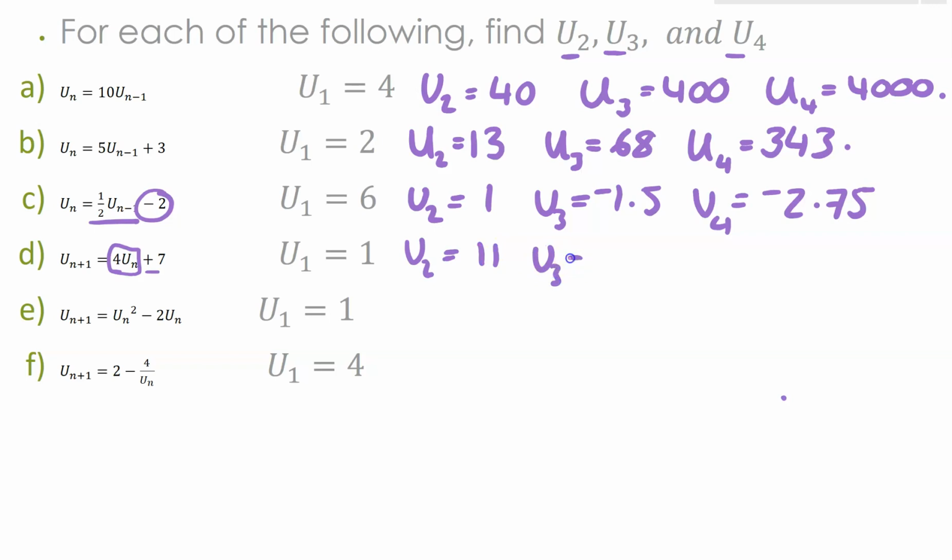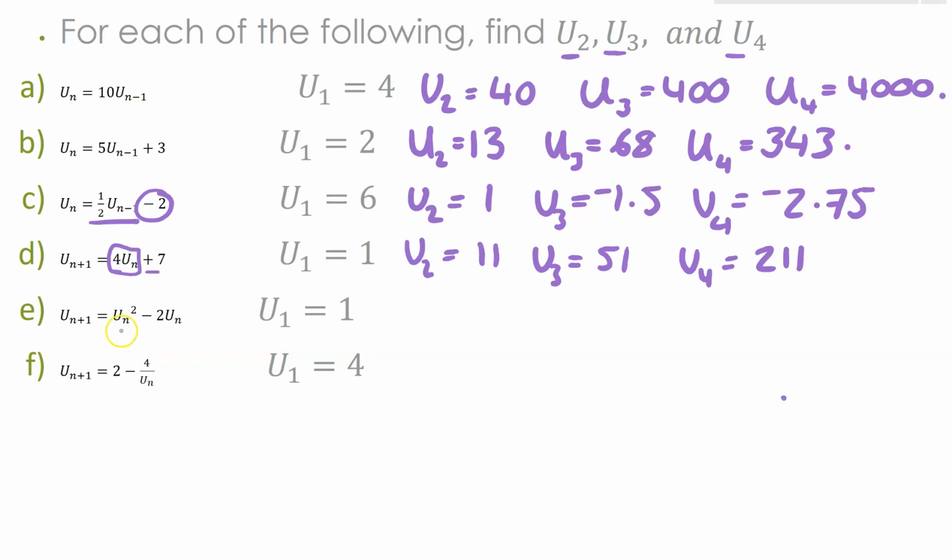And u3 would be 11 times 4 is 44, then add 7 is 51. Then u4 would be 51 times 4, which is 204, and then add 7, so 211. As you can see, they're fairly straightforward.